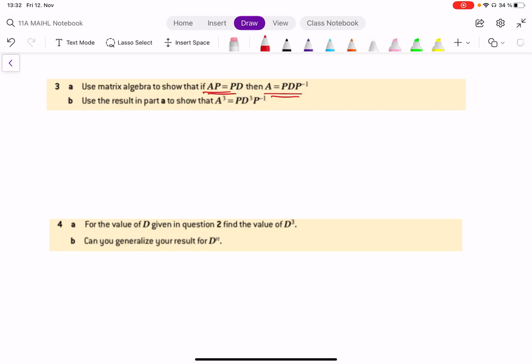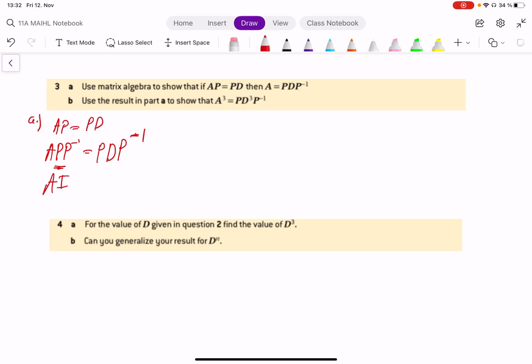So it says use matrix algebra to show that if this is true, then so is this. And so for part A, if AP equals PD, which we know to be true, right, if my goal is to solve for A, I want to get A alone on one side, then I'm going to multiply by the inverse of P on the right side, because in order for it to cancel over here, it needs to be next to the P. And so when I do that, I get A times the identity matrix, right?